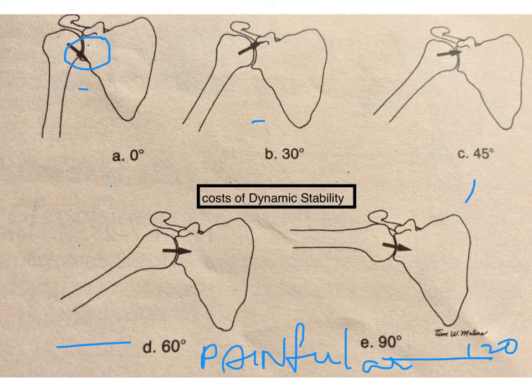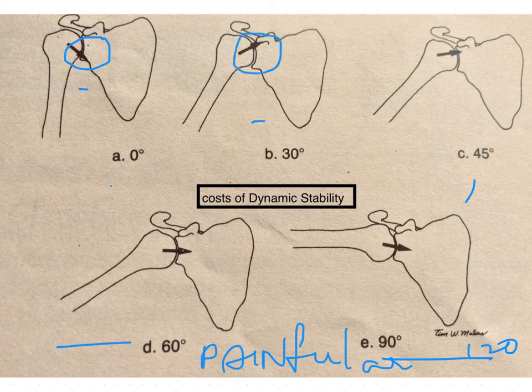The structures which are useful for maintaining the equilibrium, if those structures are affected, then what is happening here? The dynamic stability of the glenohumeral joint will be affected. That means it leads to varying centers of axis of rotation.